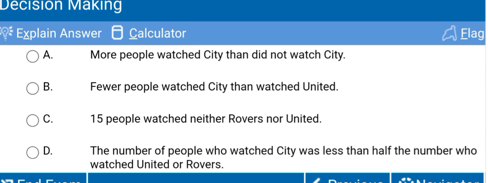Option C, 15 people watched neither Rovers nor United. And option D, the number of people who watched City were less than half the number who watched United or Rovers.